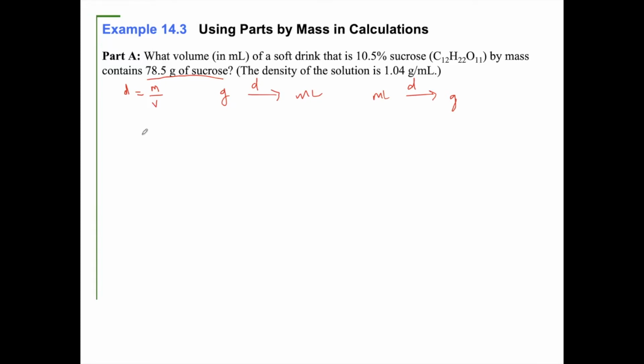So let's start with the 78.5 grams of sucrose. The fact that we know that we have 10.5% sucrose means that we have 10.5 grams of sucrose per 100 grams of solution, right?